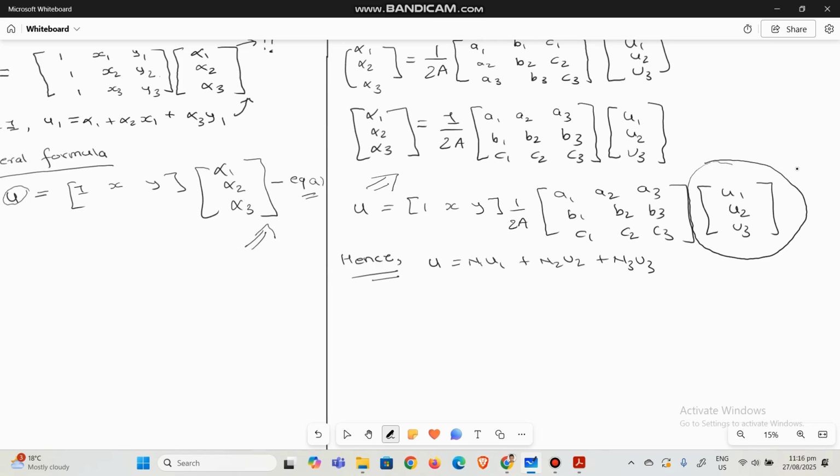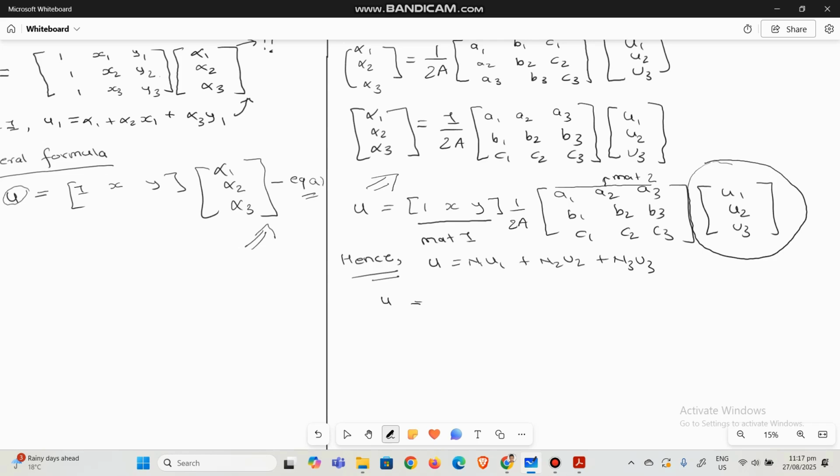If you multiply all these terms, we are just going to multiply matrix 1 with matrix 2, and keep the term 2a in the denominator.